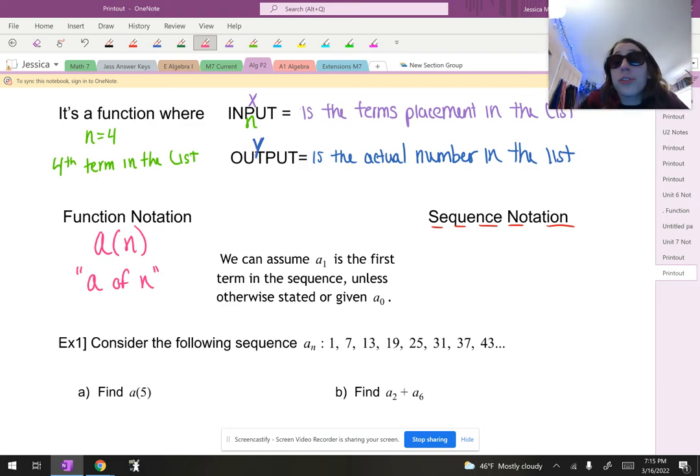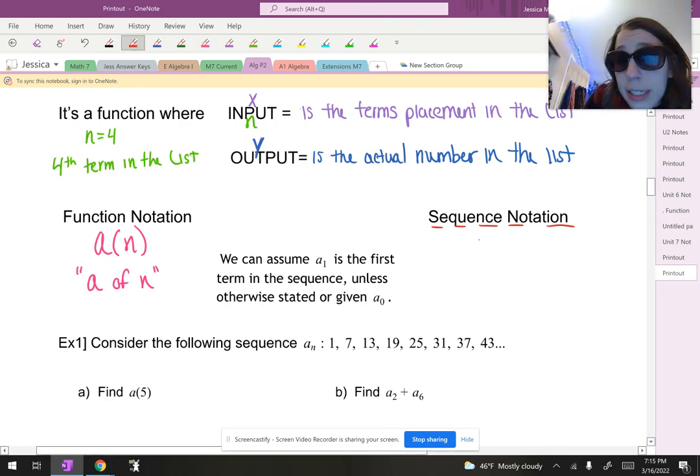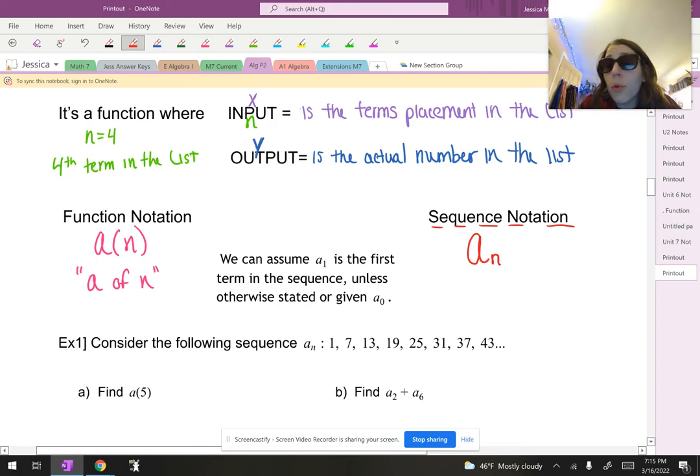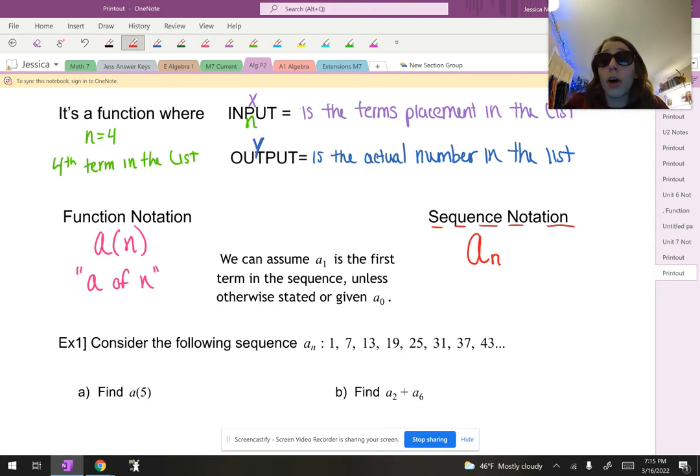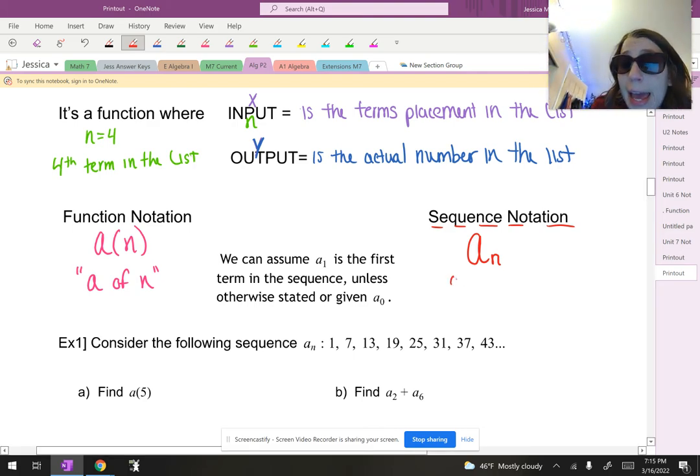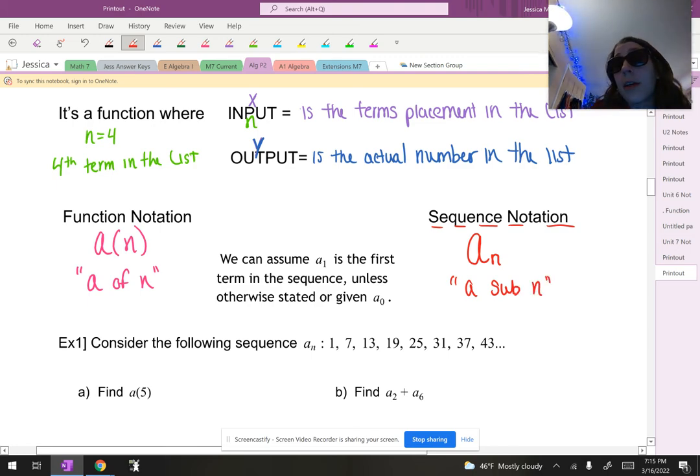Okay, so now there's this new sequence notation. This is the piece that's new. Instead of seeing a of n, we're going to see things like a, and this little lower, it's called a subscript. It's like an exponent, but lower instead of higher, called a subscript. And that's pronounced a sub n.